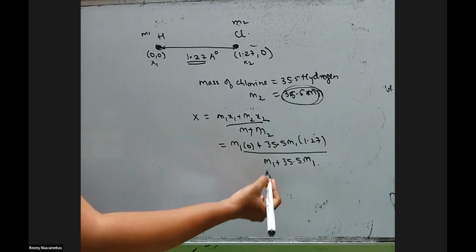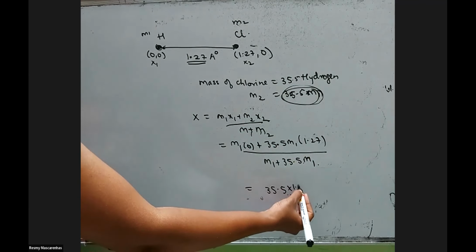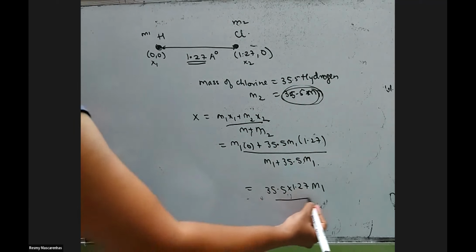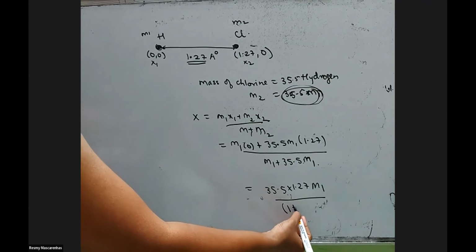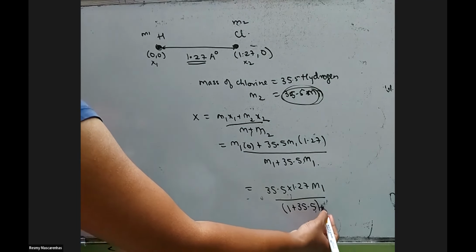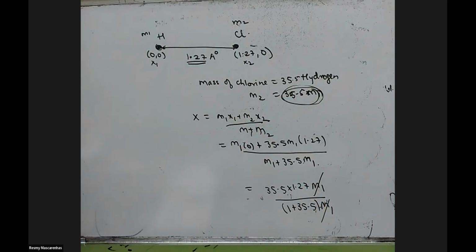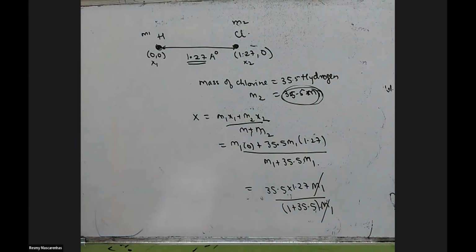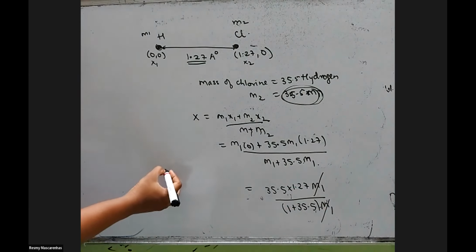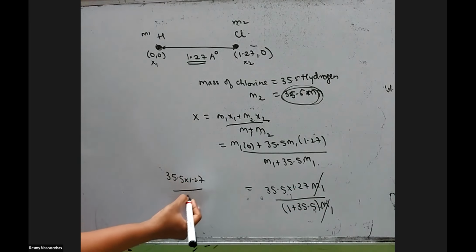Now calculate. This is anyway 0. Now multiply 35.5 into 1.27 times m1. Take m1 common: 1 plus 35.5 times m1. m1 will cancel. From here, both the terms I took m1 common. Answer will be this, you multiply upon 36.5.